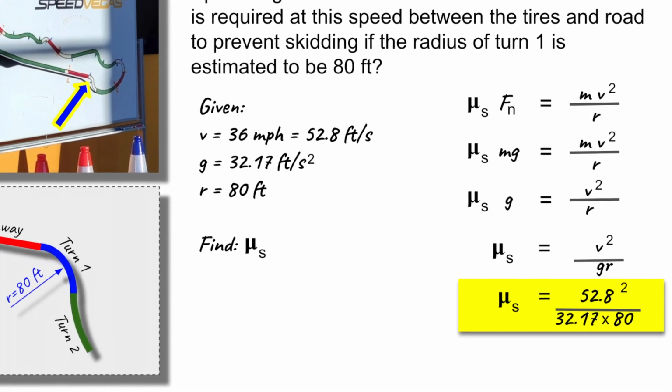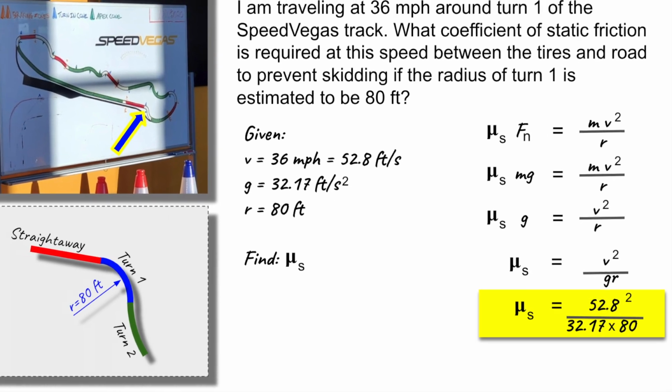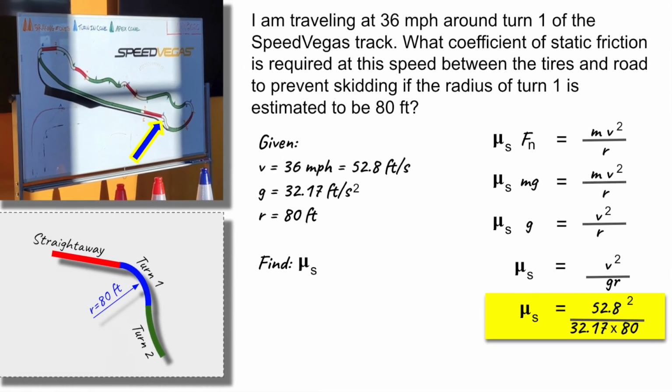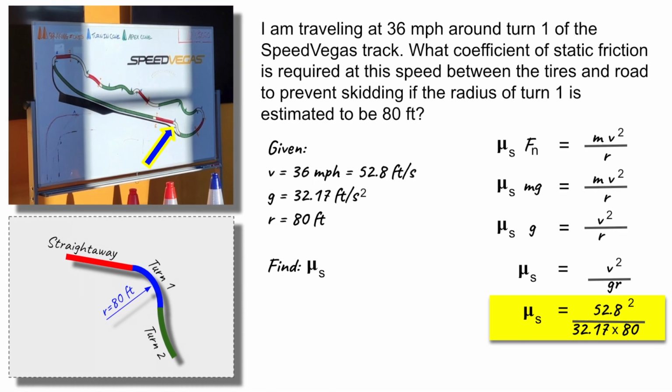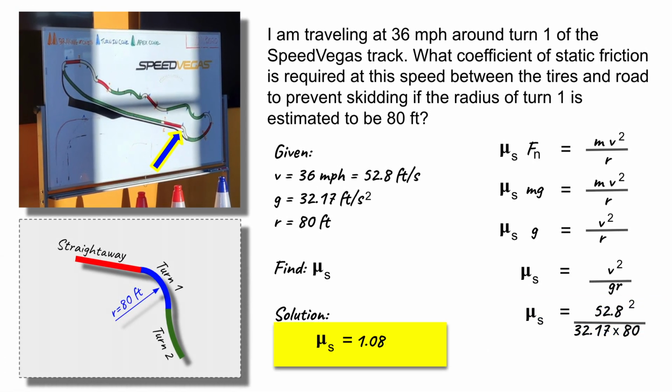That also leaves us with feet squared per second squared, so it cancels all of the units out, which should always happen if you're solving for a coefficient because they have no units. Finally, we have the solution for the coefficient of friction, which is 1.08.